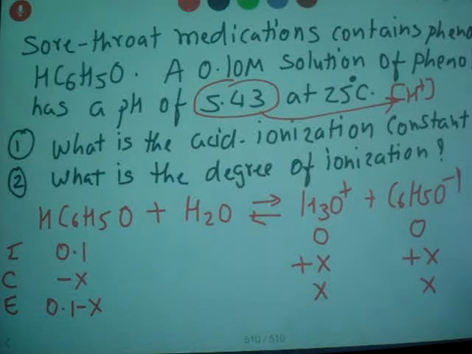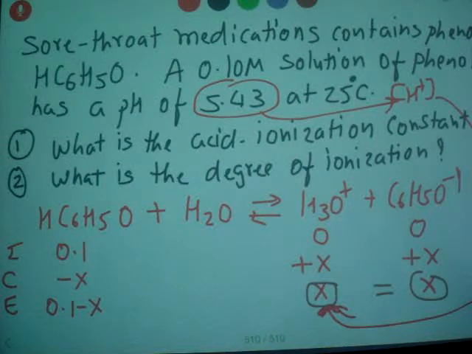When we calculate the H plus ion concentration, we can plug it in as the X value here, which is equal to this concentration as well. Then you can get the concentration of these species.